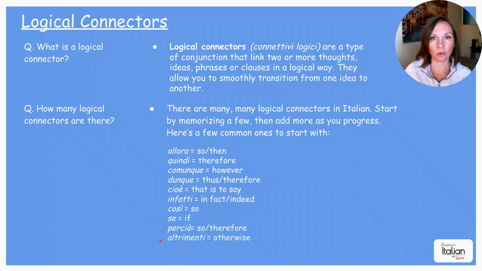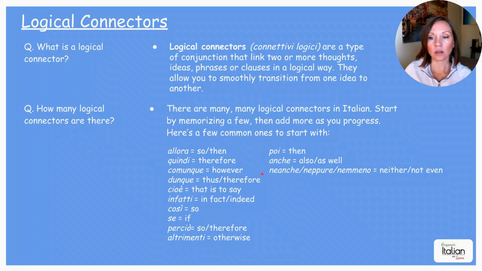Altrimenti, otherwise. And then we have poi, then. Anche, also or as well. Neanche, neppure, or nemmeno all mean neither or not even. As you can see, these are basically the same word here, except that they add ne on the front, which negates it, so it makes it negative.